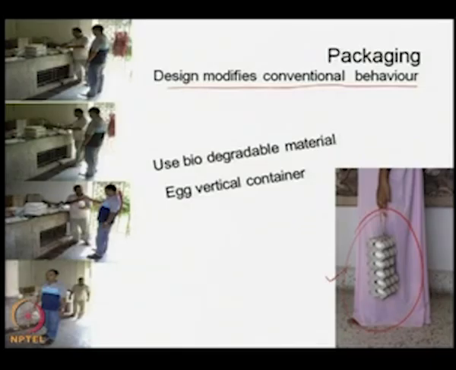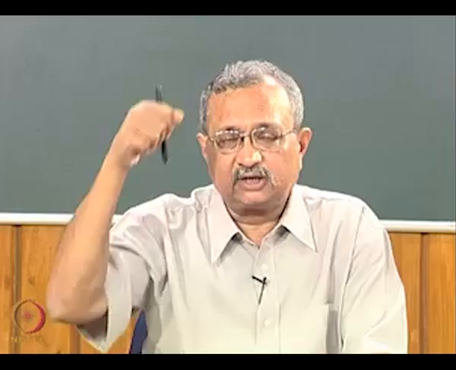With this, an idea came: here all the placements are horizontal, see that eggs are placed in a horizontal place. Why not use a vertical container? A design thought has come.